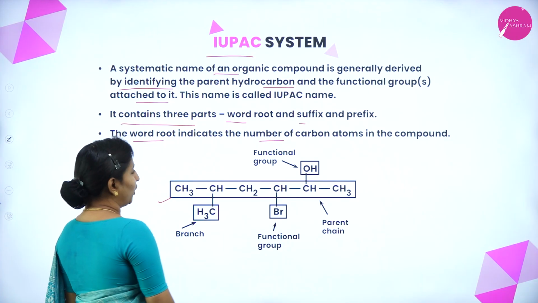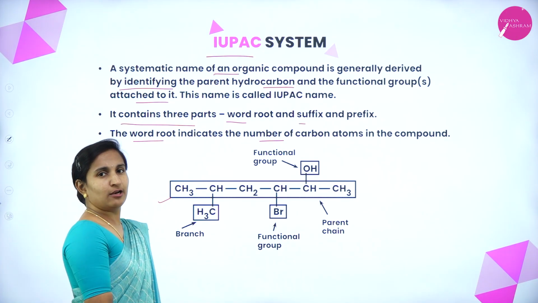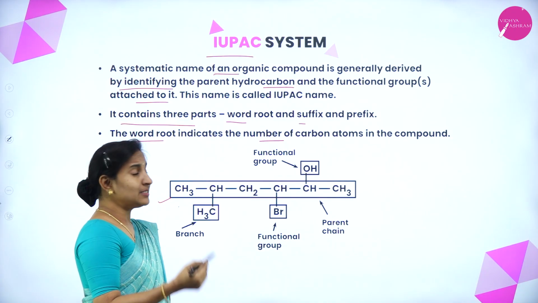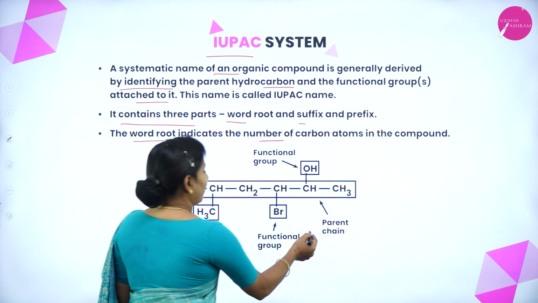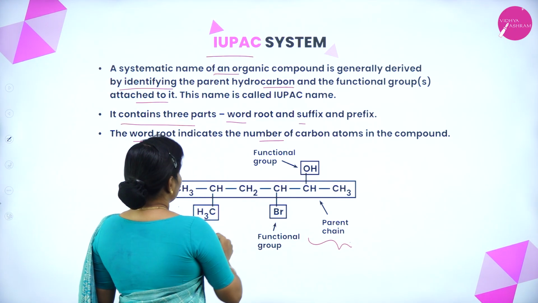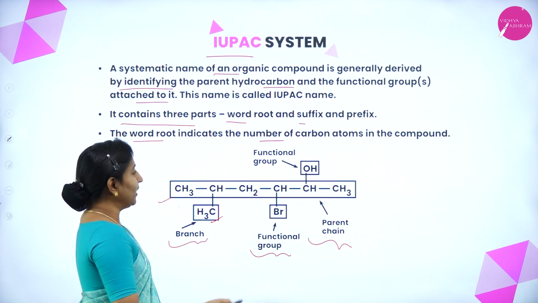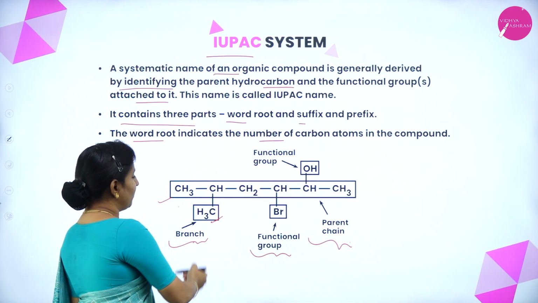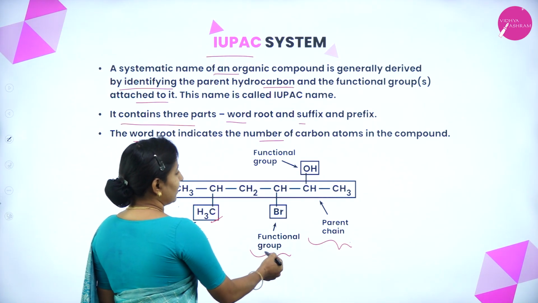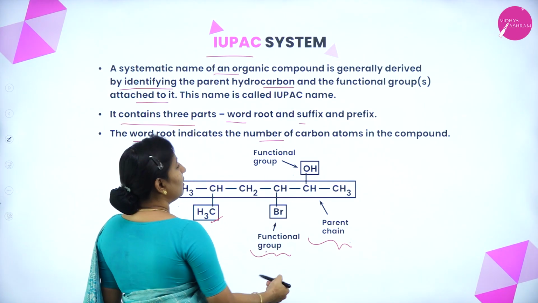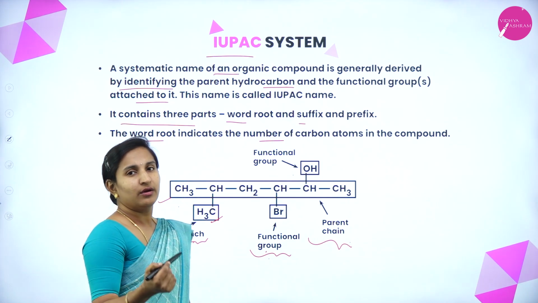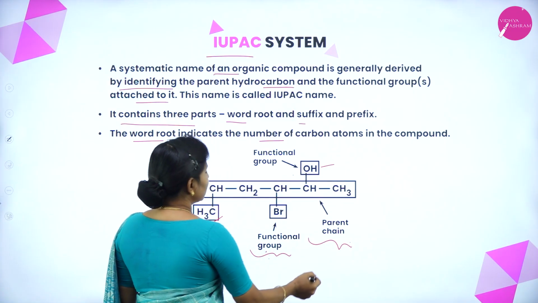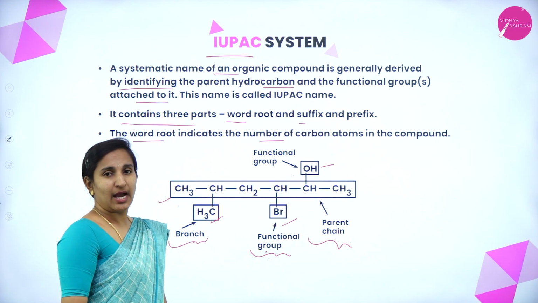The longest chain of carbon in the given organic compound we call the root word or parent chain, and the other substituents attached to it are a branched chain and functional groups. Here we have two functional groups, OH and Br.